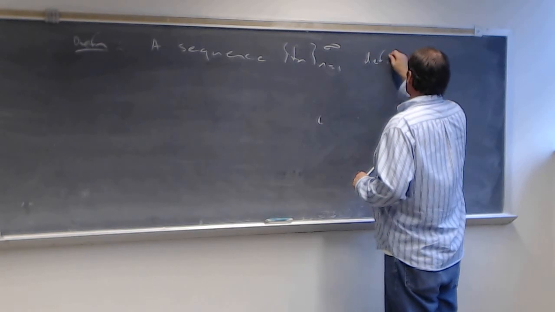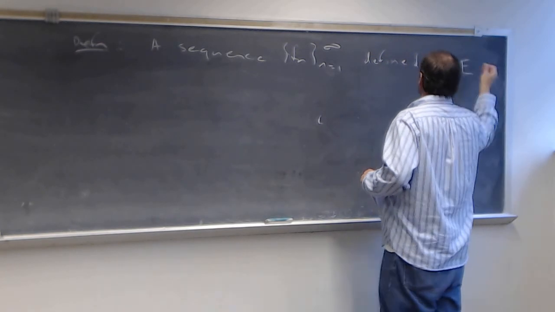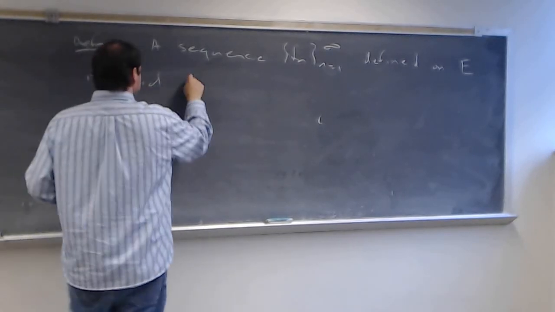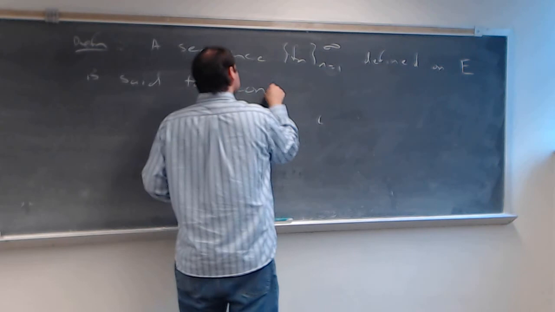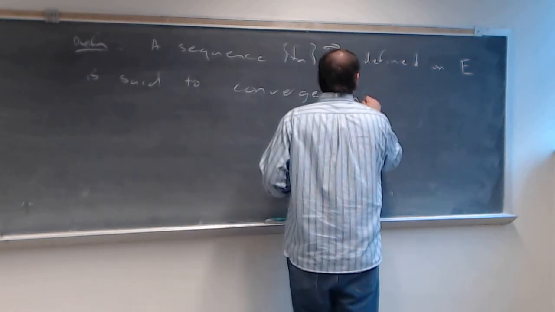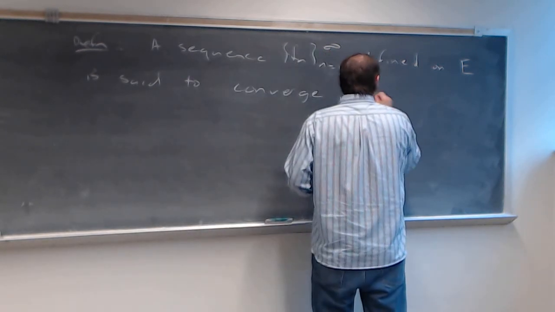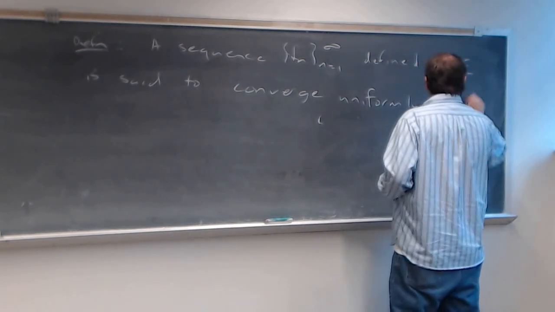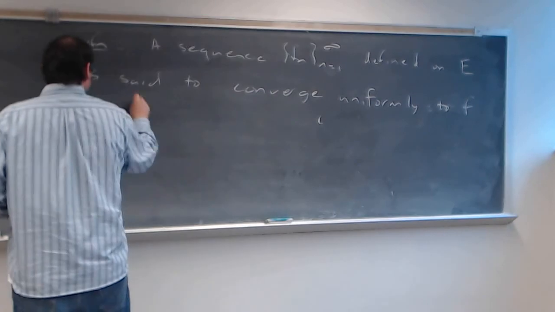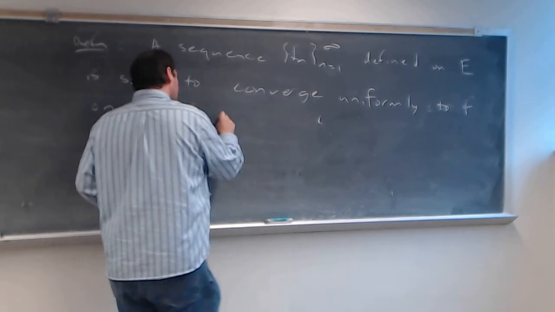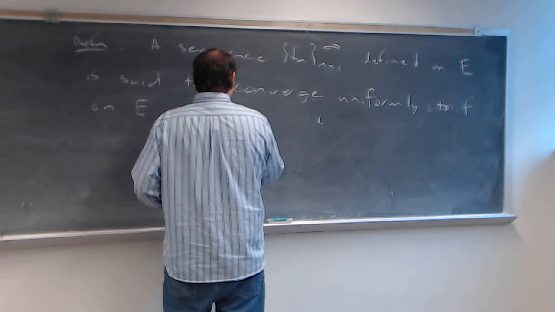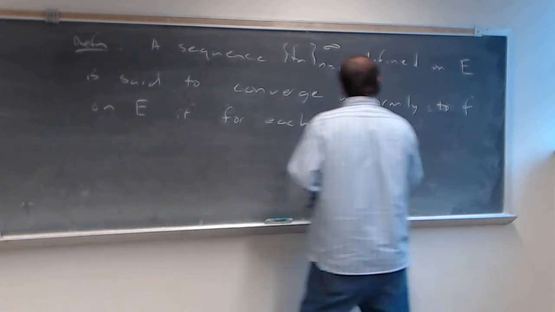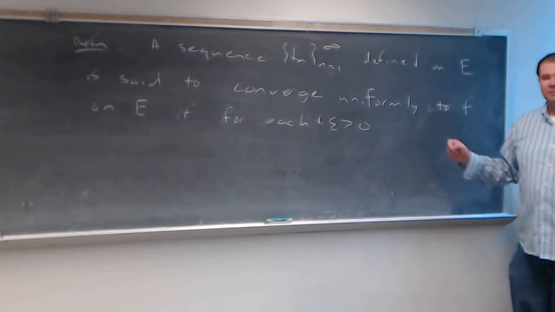Defined on a set E is said to converge uniformly to f, the function f, on E, if for each epsilon greater than 0, I'm going to stop for a second.